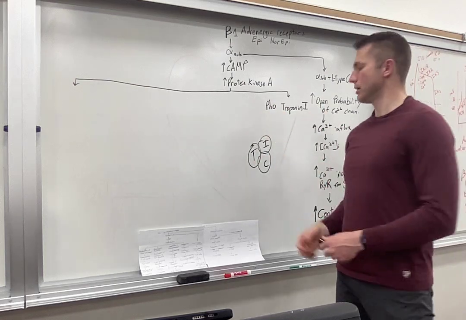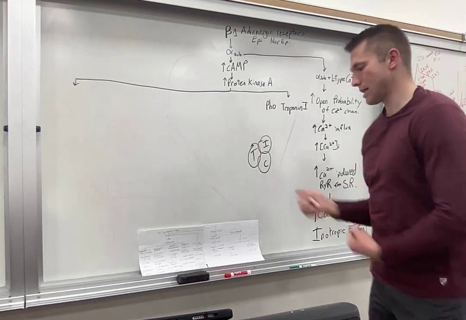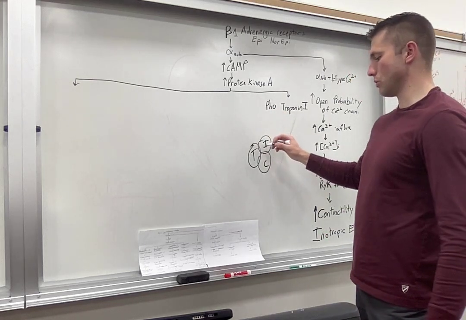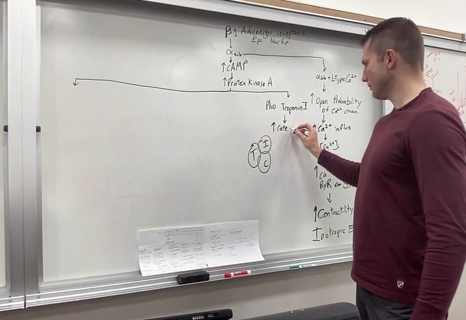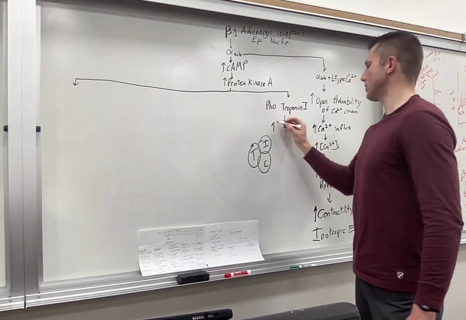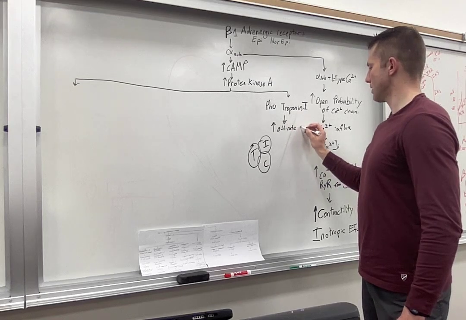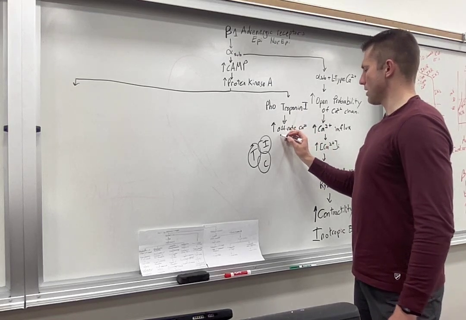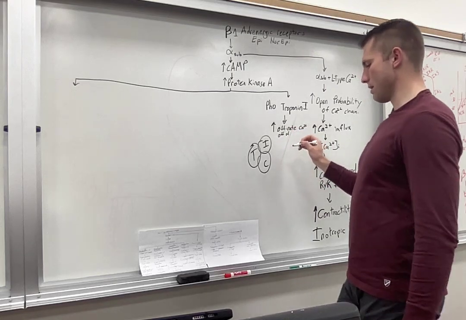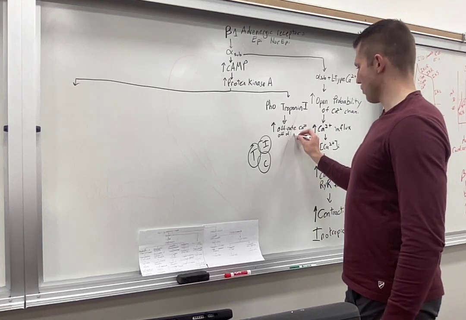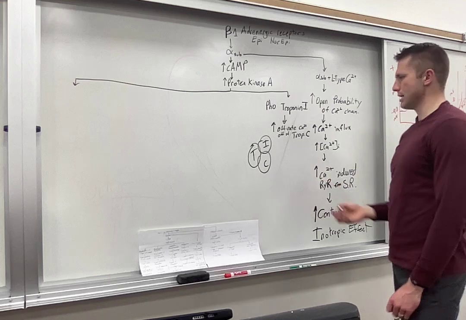preventing myosin motor heads from binding to actin and doing its contraction deal. But with phosphorylation of troponin I, this subunit is going to increase the rate, we're going to call it increase the off rate of calcium off of troponin, I'm just going to abbreviate trop C. So what?